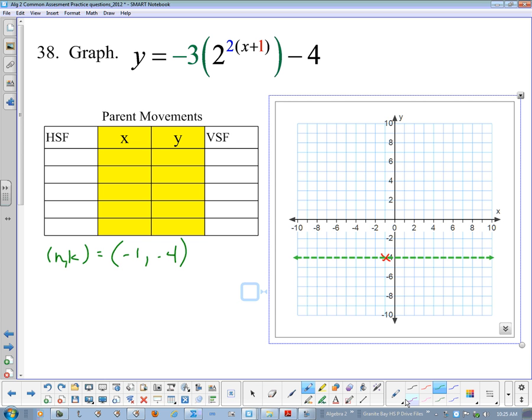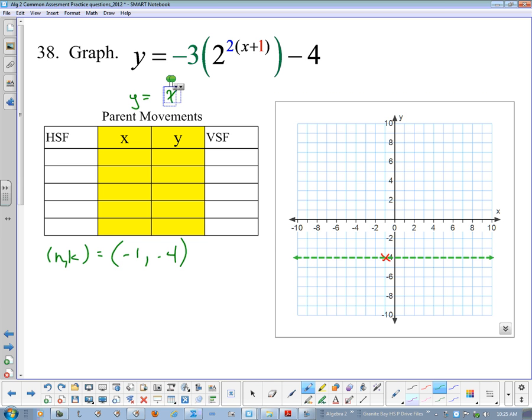The parent function is y is equal to, does anyone know? 2 raised to the x. Okay, 2 raised to the x. All we have to do is plug in 0, 1, and negative 1. 2 to the 0, 1. 2 to the 1, 2. 2 to the negative 1, 1/2.